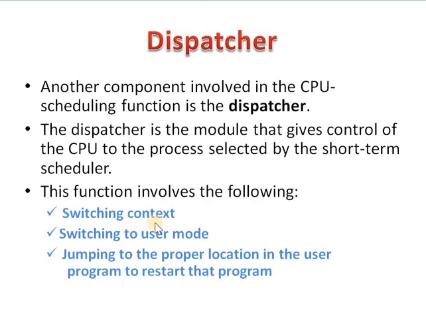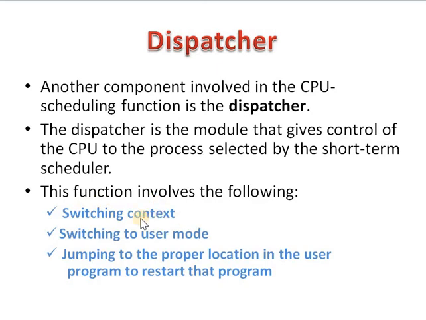Switching context. That means a context switch is when a currently running process is halted and all of its data and its process control block, that means PCB, are stored into the main memory, and another process is loaded in its place for the execution. This is the switching context.